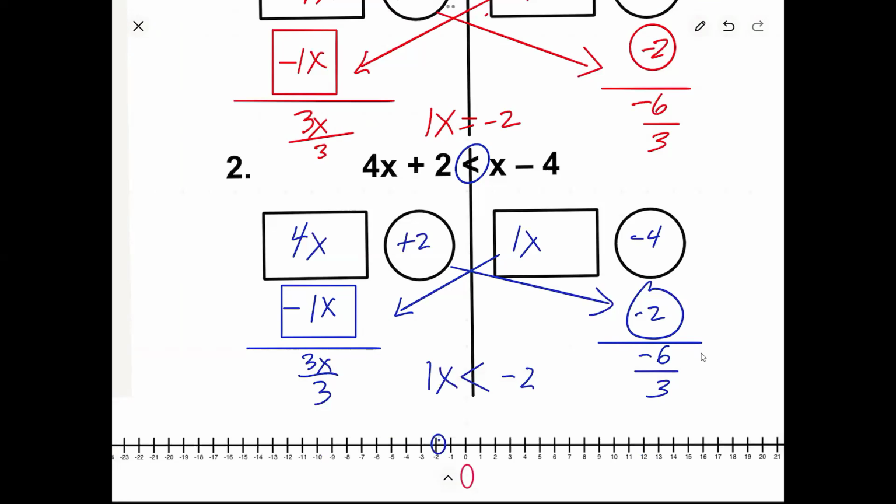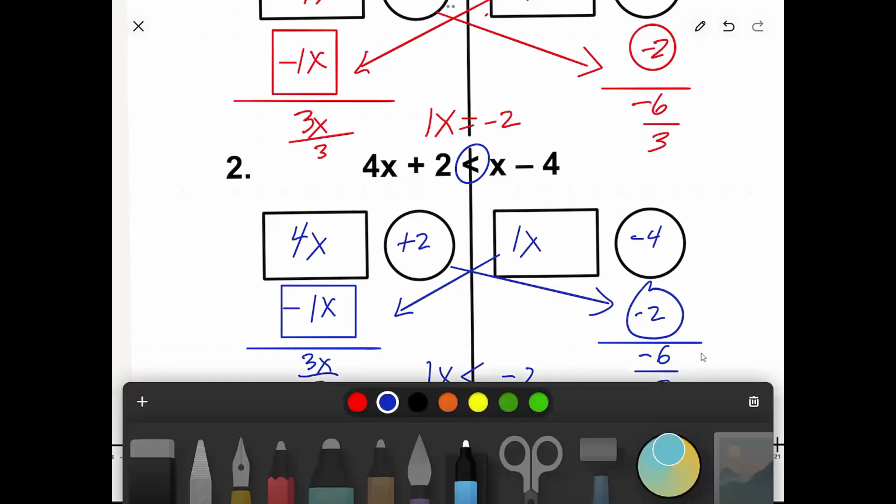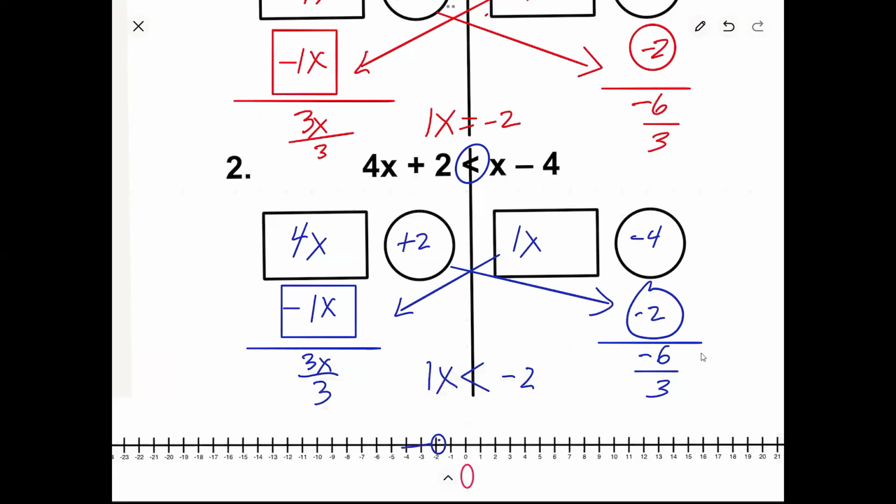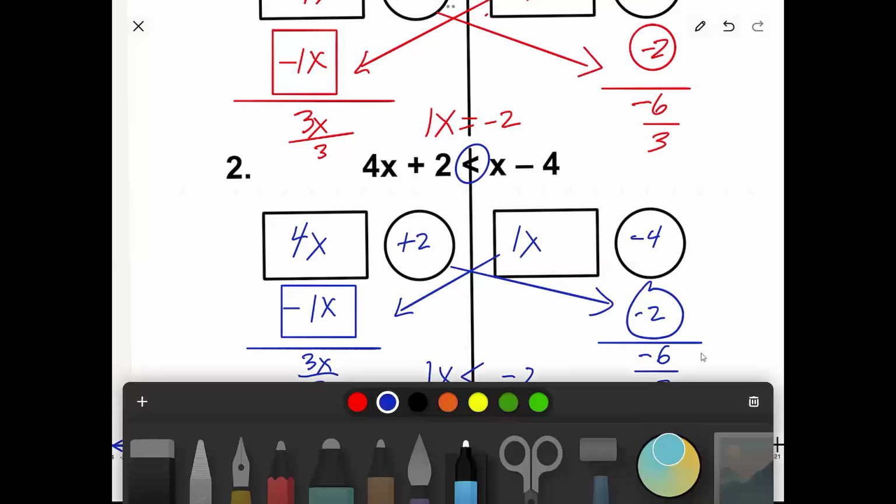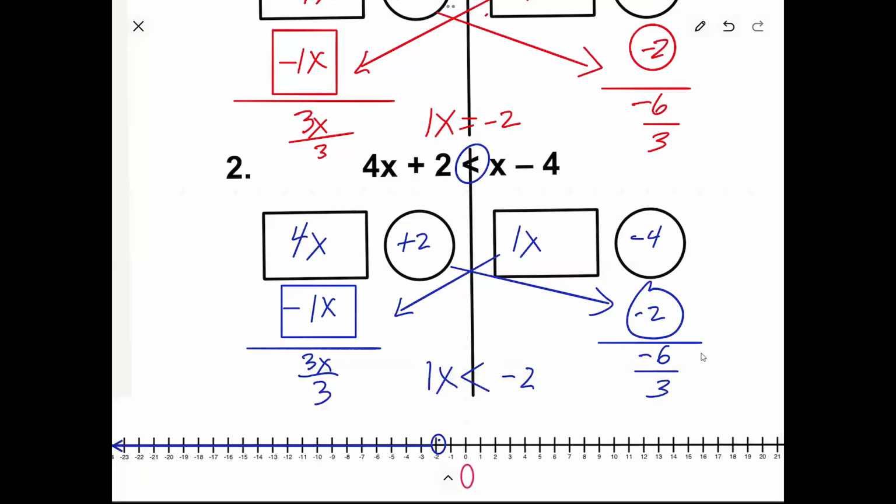Because it says anything for x that's less than a negative 2, everything to the left of a negative 2 is going to be your answer. If you're not sure which way you should go when you're graphing, what I like to tell my students is just put a little line in there and see what happens. That's telling you which way you should be going. You're going to go to the left.